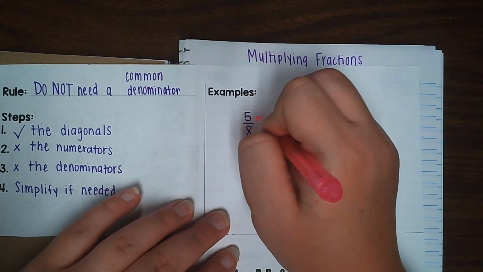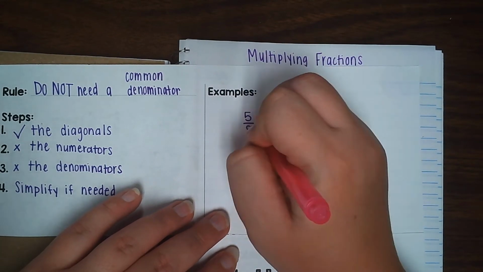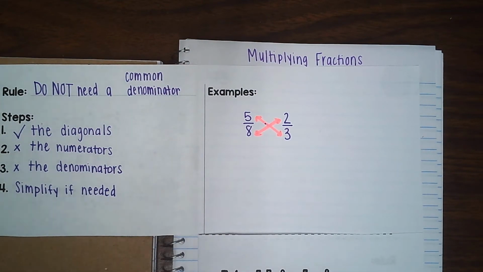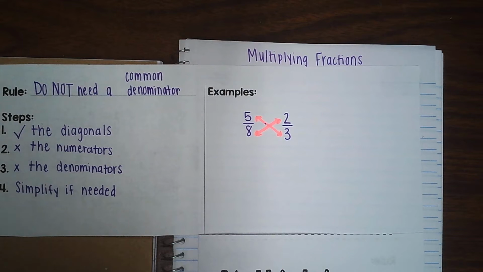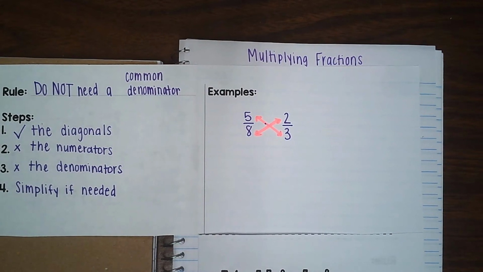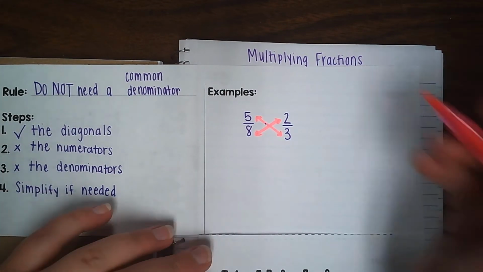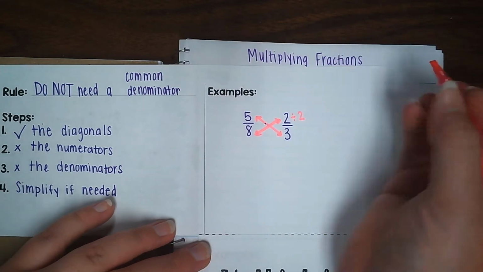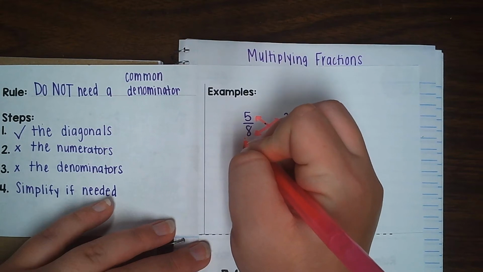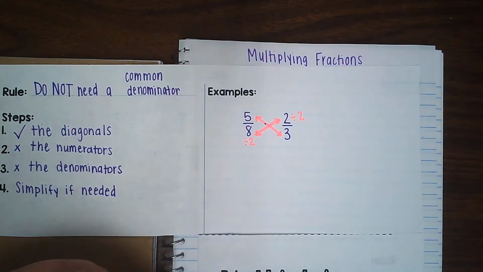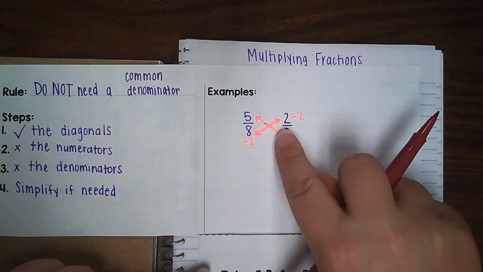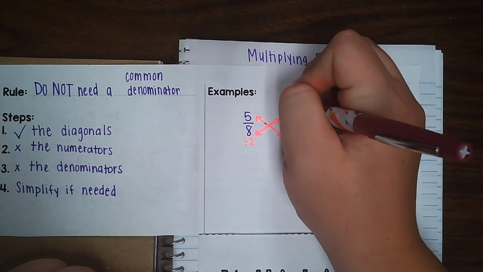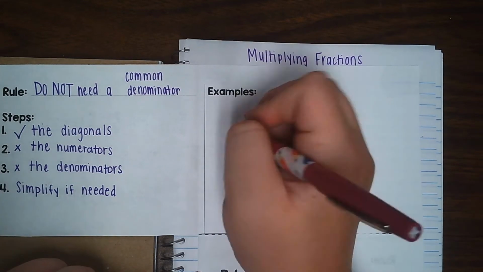If we check this diagonal, 2 and 8, we see that they do have a common factor. They are both divisible by 2. So if I took 2 and divided it by 2, and 8 and divided it by 2, then that would eliminate our 2 and our 8, making it 1 and 4.